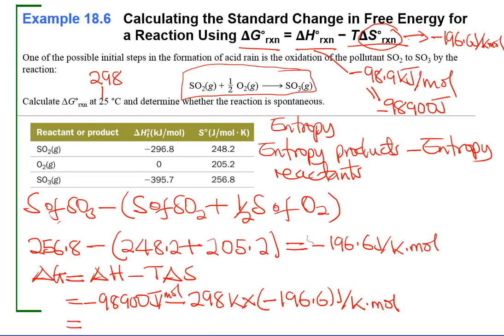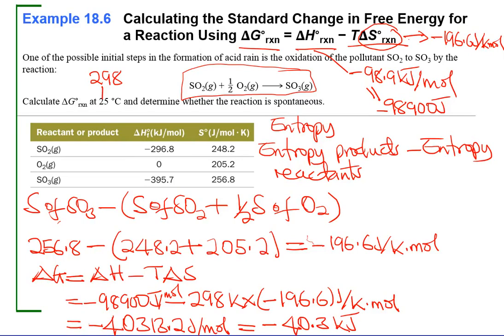Now once you add the two, you get minus 40313.2 joules per mole, which is equal to minus 40.3 kilojoules.